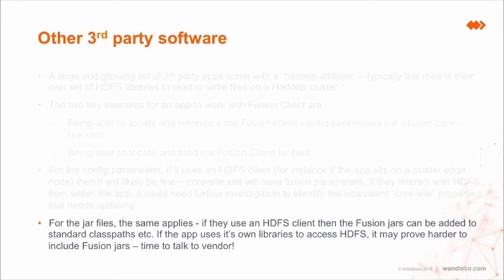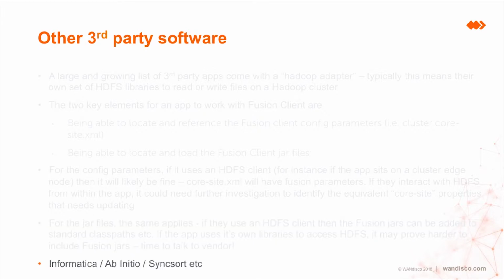If the app uses its own libraries to access HDFS, it could be harder to figure out what goes wrong and where the Fusion jars need to be located. You should contact the vendor of that app to find out where the update should be made. Some examples of these are Informatica, Ab Initio, and Syncsort, the ETL tools that load data into Hadoop clusters.